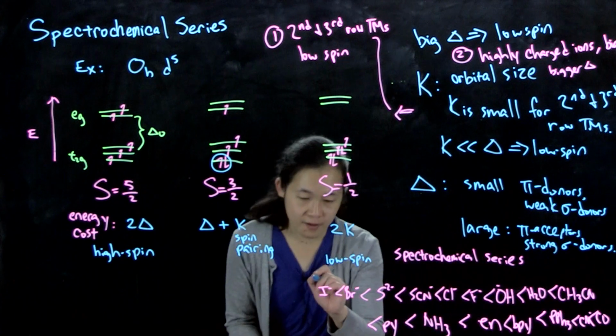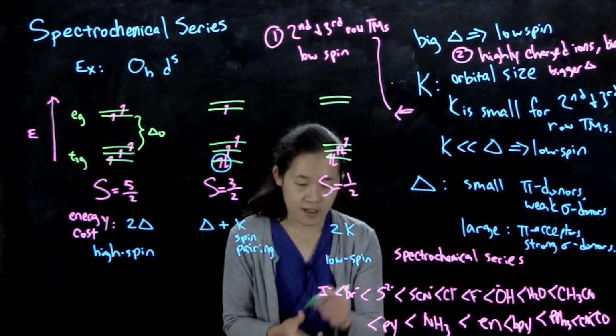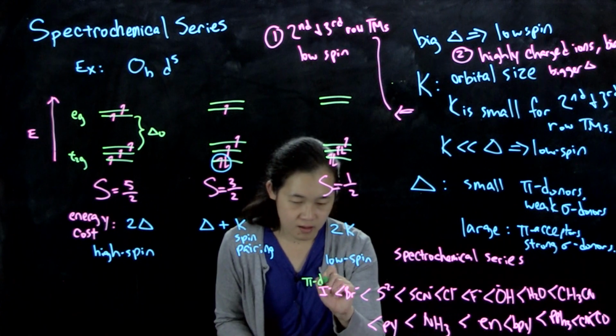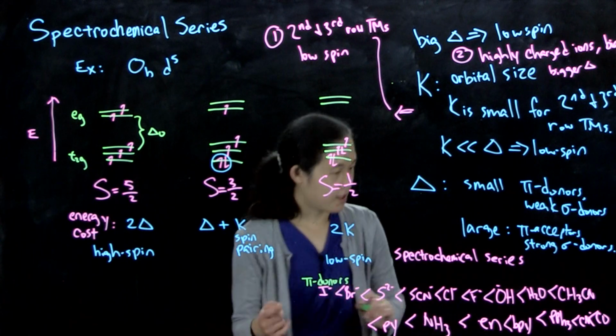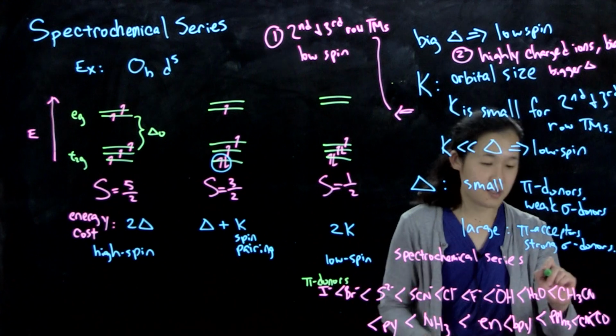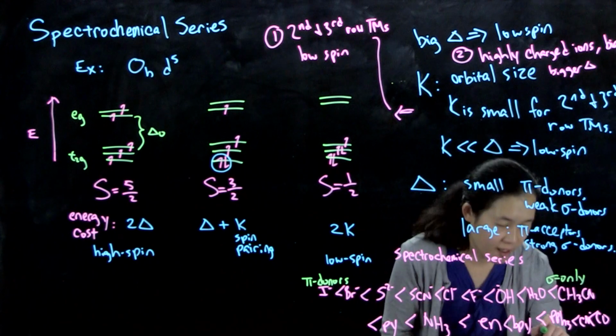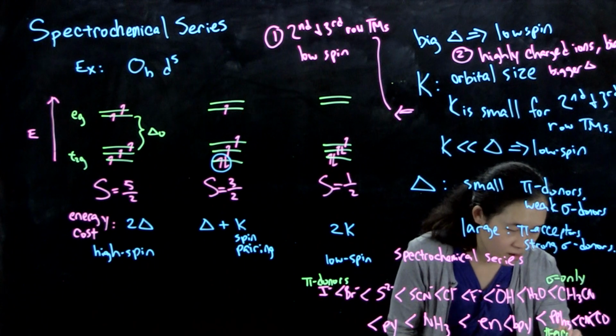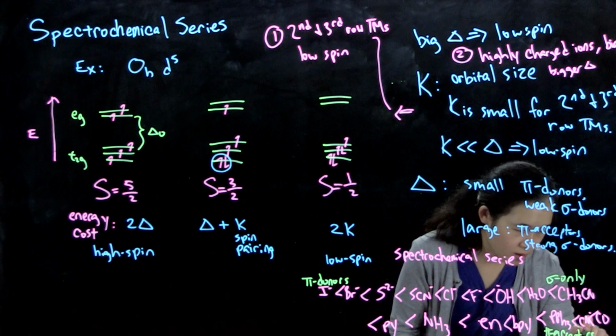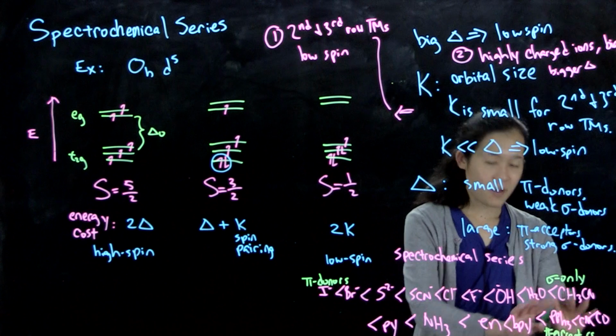We're starting over here with pi donors, and then about over here to water, sigma only. And then at this very end here, we have pi acceptors.